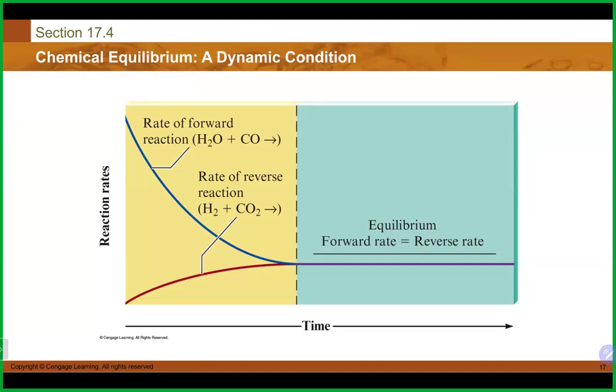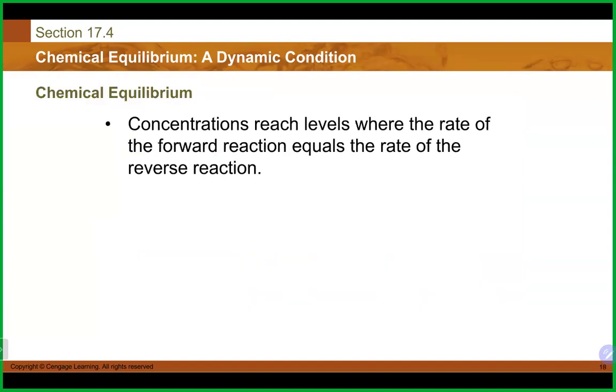So here's the rate of the forward direction, which usually at the beginning will occur. We'll start having our reverse reaction starting to occur at some point, and everybody's rate will basically flatten out, and that is when chemical equilibrium has been reached. So concentrations reach levels where the rate of the forward reaction equals the rate of the reverse reaction, and that again is what chemical equilibrium means.